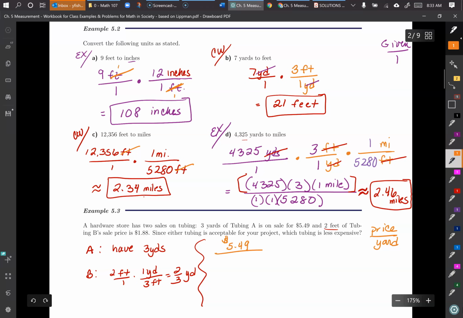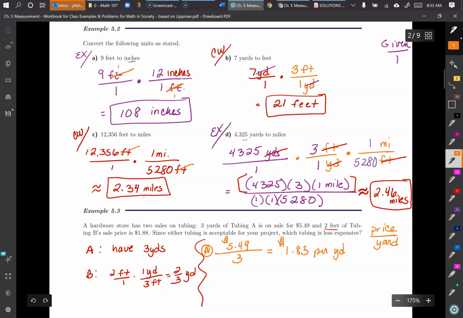So money comes on the top. That way it won't be worked around upside down. So I can get the dollars per yard. So I just go ahead and divide those out, and I get $1.83 per yard. Make sure you put your units there. So that was for A.